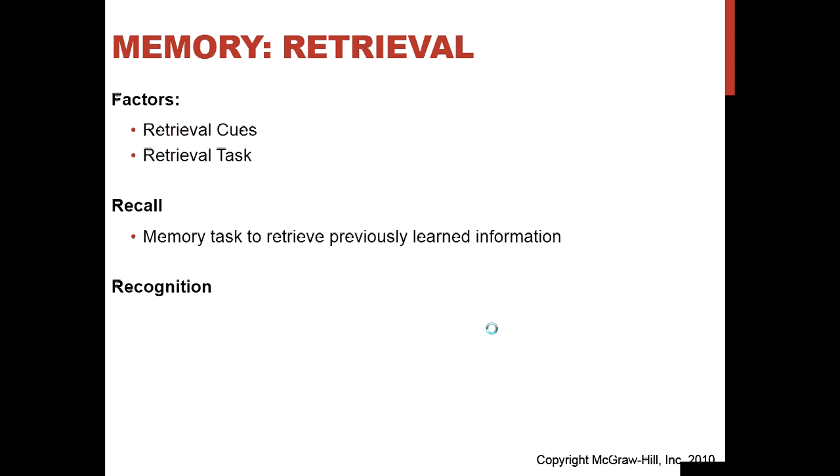Okay, you've learned this material before, and now someone asks you, so can you tell me what some of the neurotransmitters are in the brain? Or, oh, hey, can you tell me what operant conditioning is? Can you tell me what deferred imitation is?